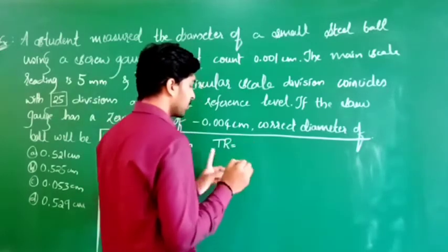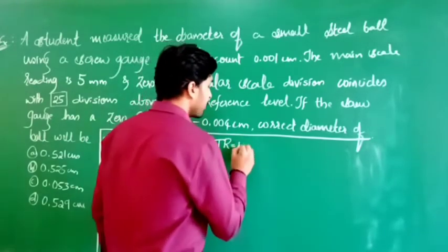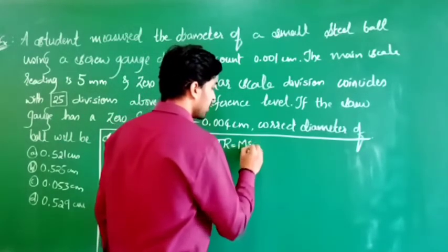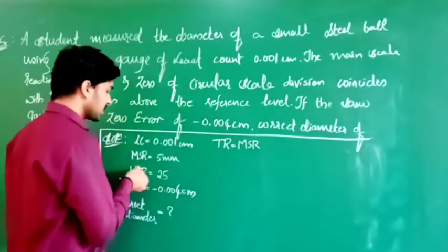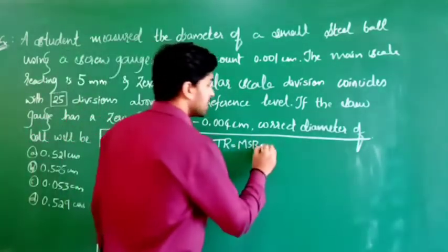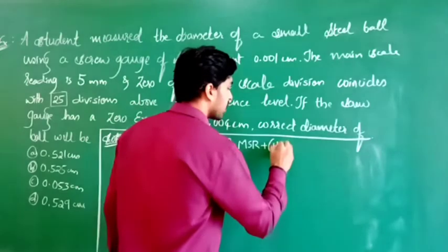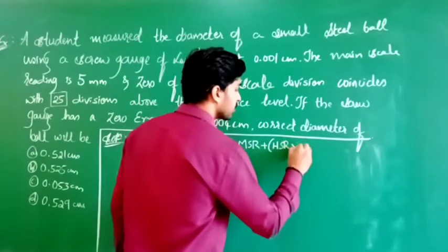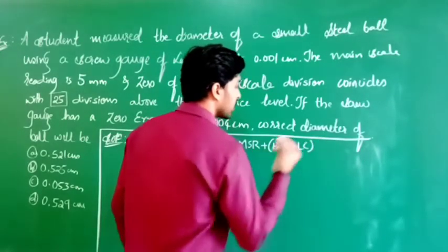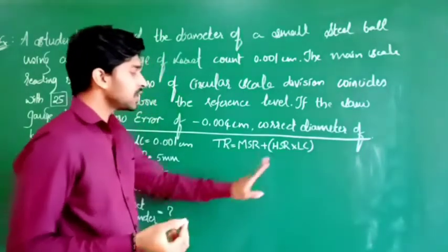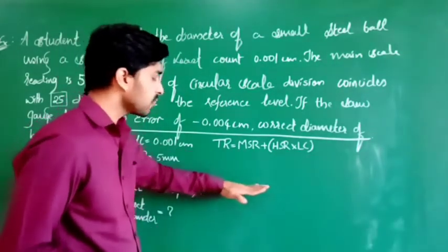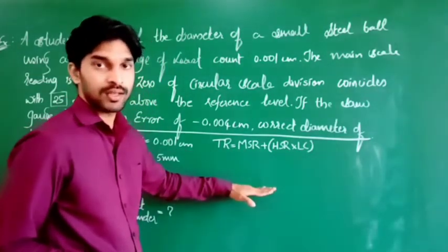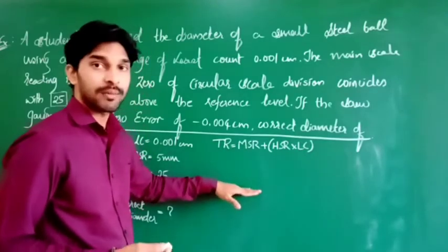Total reading is equal to PSR or MSR. Here MSR is given to us, main scale reading, plus in bracket HSR into least count. If we substitute all these values and calculate, we will get only the diameter.